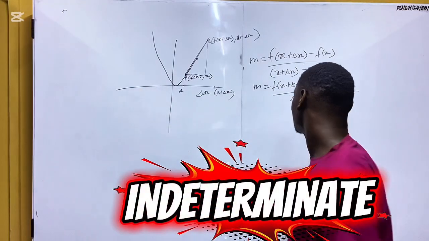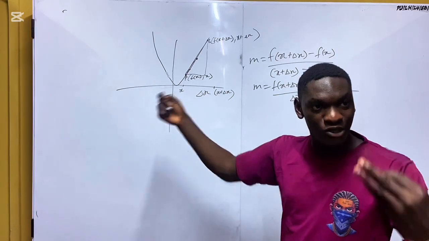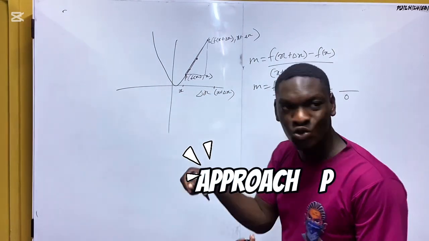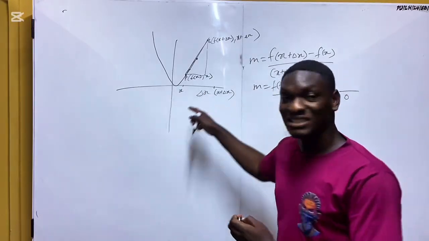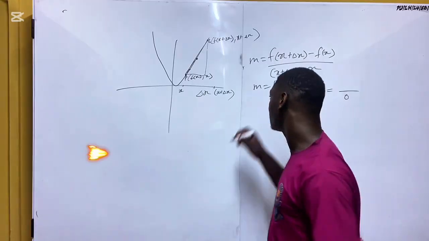We don't want that in maths, right? So we get very close to x, but we don't get to x. We get very close to P, we don't get to P. We approach it without getting to it, so that change in x does not become 0. To do that, we introduce a new function called a limit function.